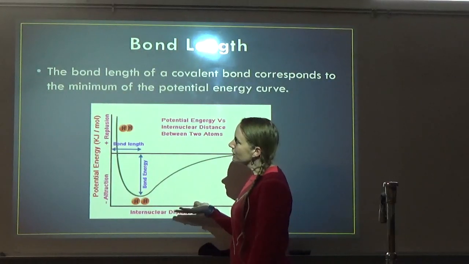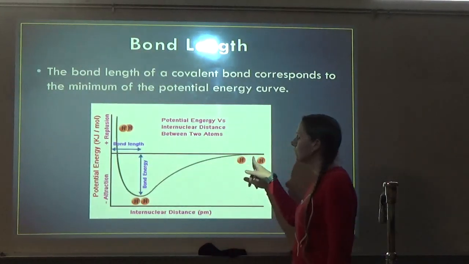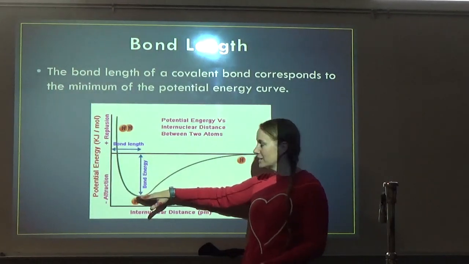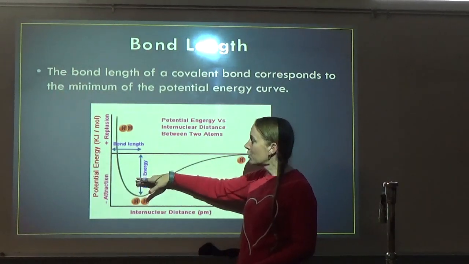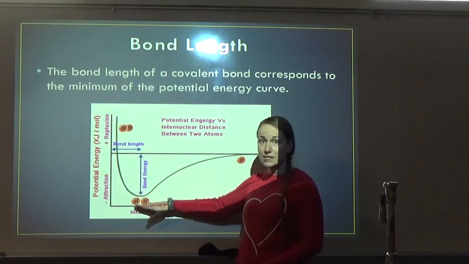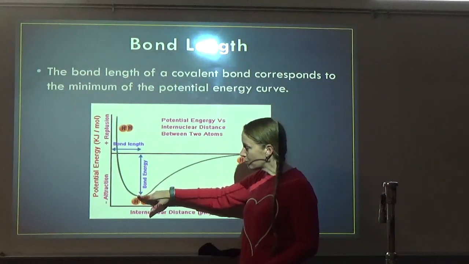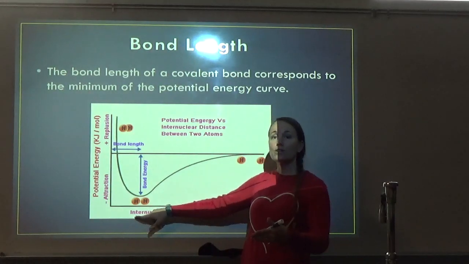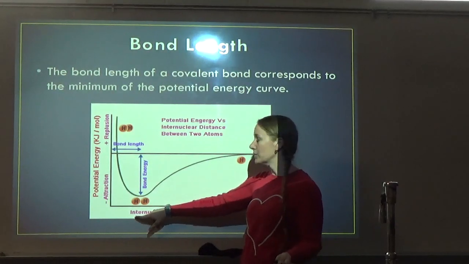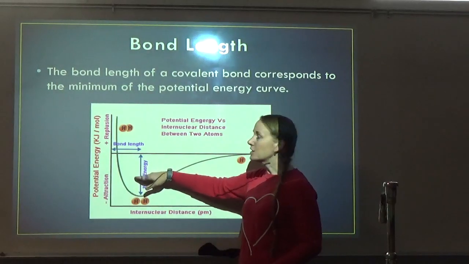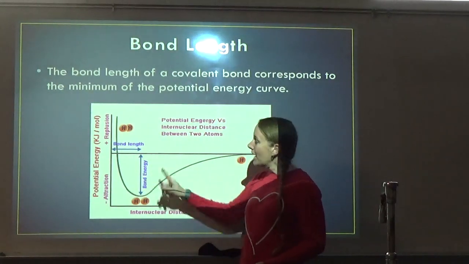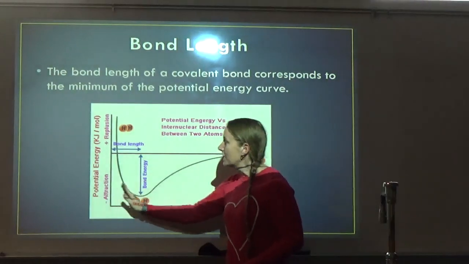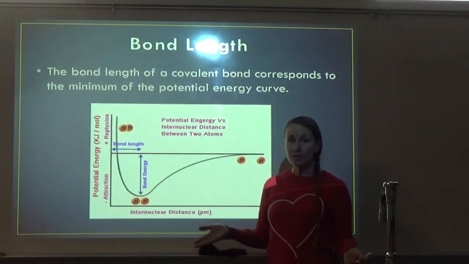So what's different about this curve for other elements? Well, depending on the strength of the bond, that depends on how high or low the minimum is. A stronger bond will have a lower energy because, remember, low energy is more favorable thermodynamically. So a weaker bond might have a higher energy. And then when we're talking about the distance, it depends on the radius of the atoms.